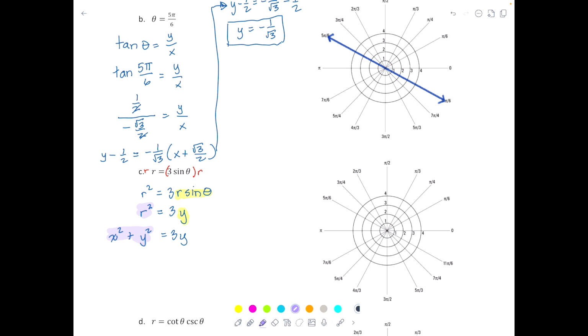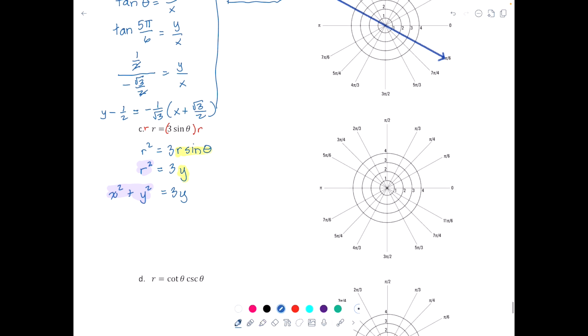Now, let's go ahead and complete the square, because this is going to be a circle. Do you see that? But it will have a different center than that earlier one we did. So x squared plus y squared minus 3y equals 0. I'm completing the square, so I divide negative 3 by 2, and I add that amount squared to both sides.